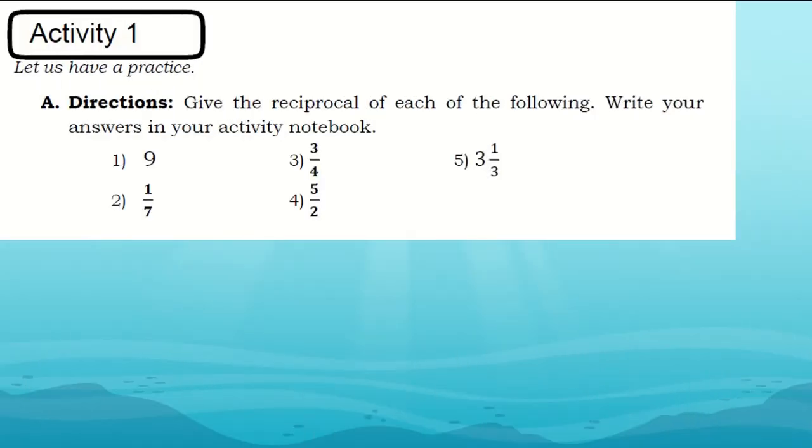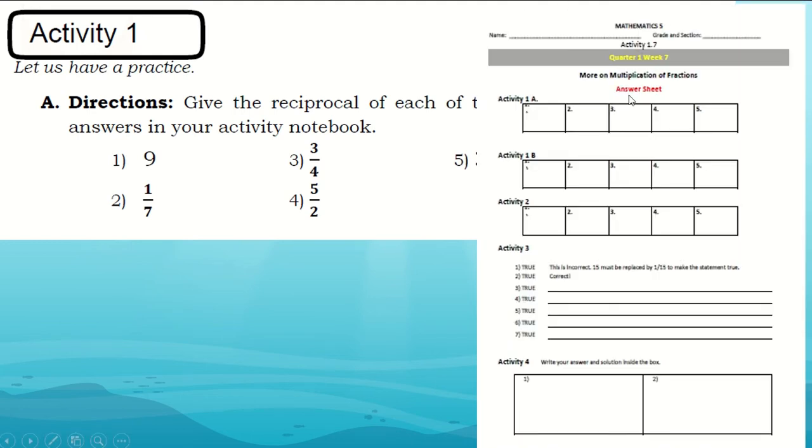So, to answer the activity, let's take a look. Give the reciprocal of each of the following. Write your answers in your activity notebook. Actually, you're going to write your answer in the answer sheet. So, ito yung itsura niya. You're going to write your answer here.